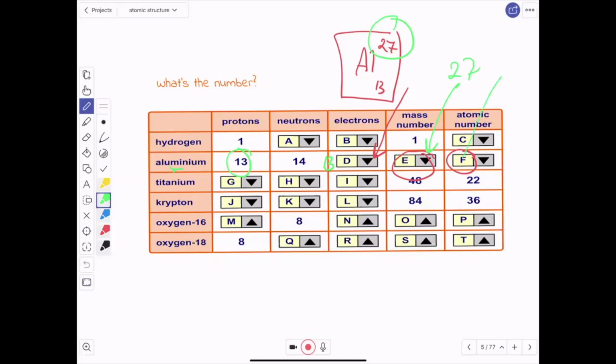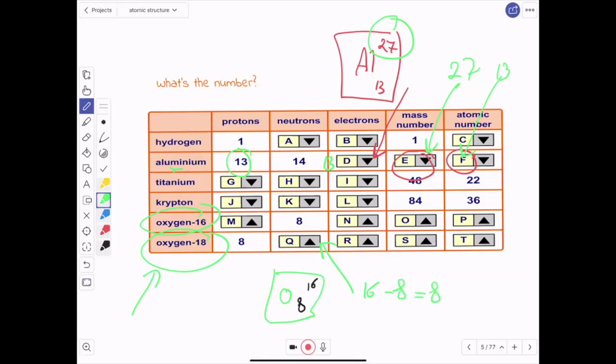Now, here they've given me 2 isotopes of oxygen, all right? So oxygen in the periodic table is gonna be 8 and 16, like this, right? So how many neutrons does oxygen have? It's going to be 16 minus 8.